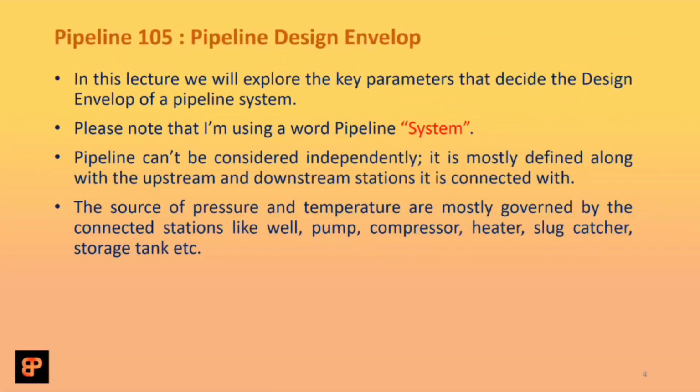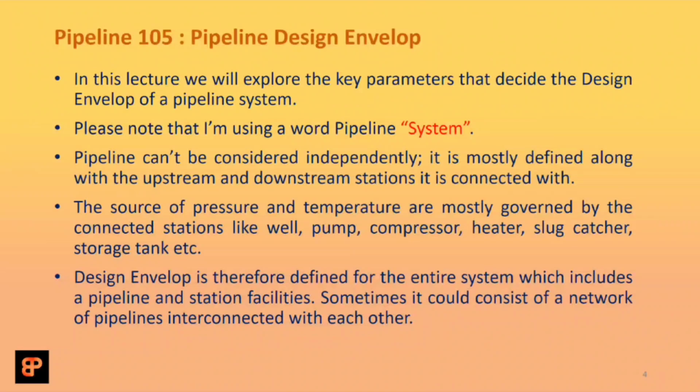From the process treatment facility a pipeline or export line is connected to transport the crude oil or treated gas to the export system, for shipment or for further use of the natural gas in the energy industry or the petrochemical industries and all that. So a pipeline is always defined as a system, along with its upstream and downstream facilities. It's very important to understand that.